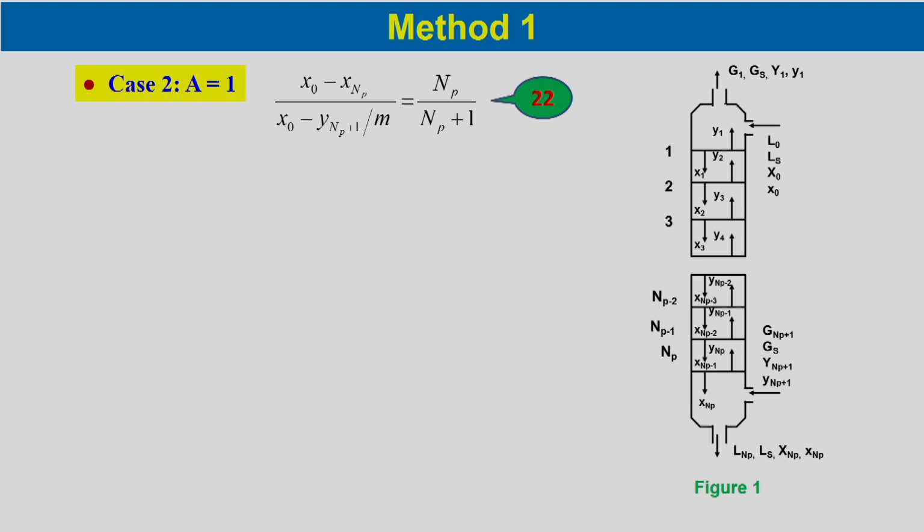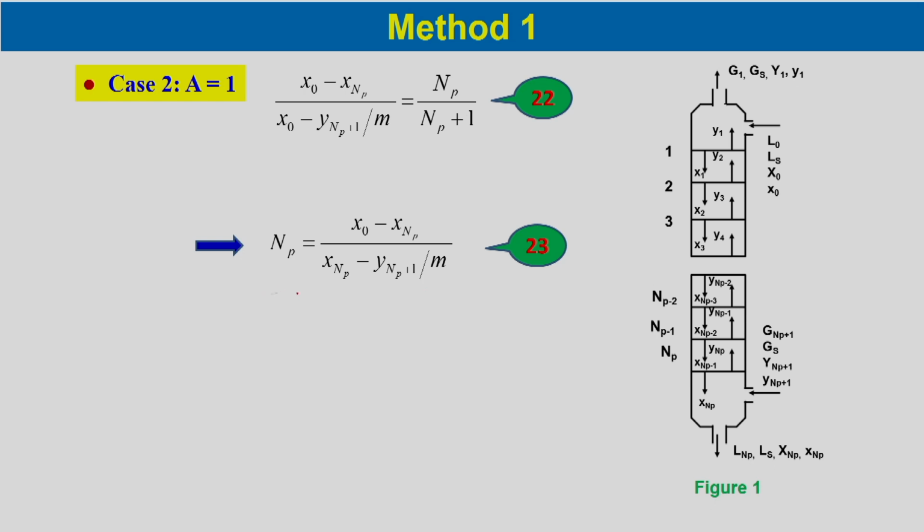Similarly, like in absorption, in case of stripping with absorption factor 1, we will get, in a similar way, x naught minus x n p divided by x naught minus y n p plus 1 divided by m equal to n p divided by n p plus 1. If we rearrange to calculate n p, we can write n p equal to x naught minus x n p divided by x n p minus y n p plus 1 divided by m.